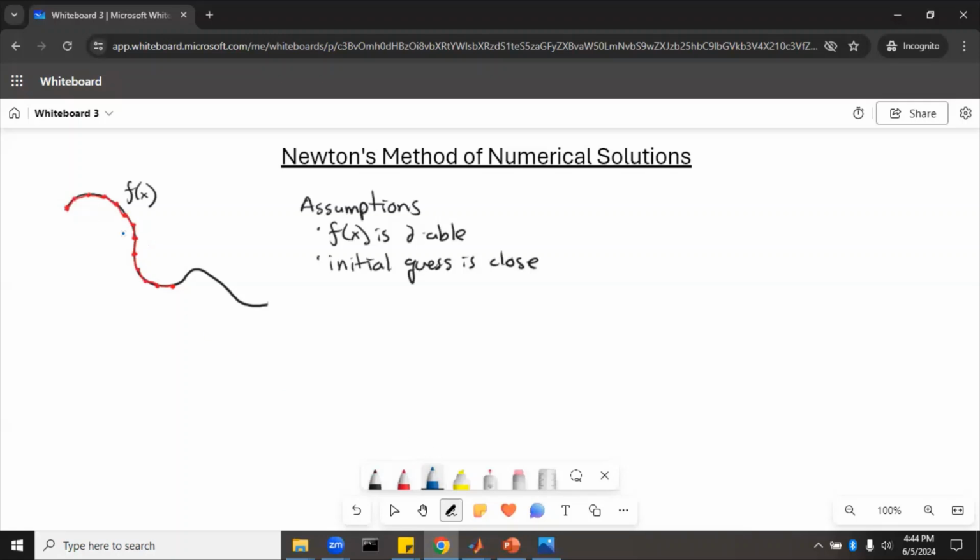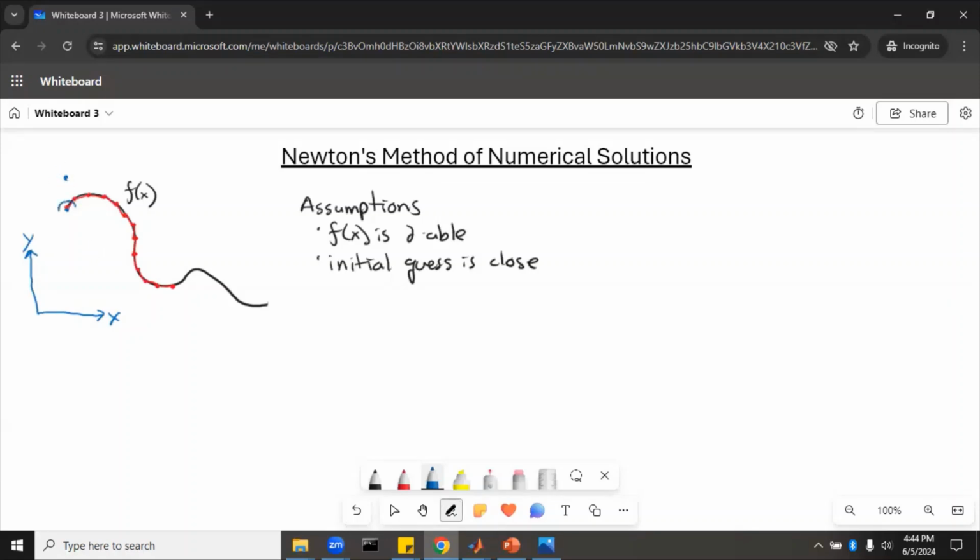For example, if we wanted to approximate this function, we need to get our initial guess close enough to this function that we can start in the right place. So we want to start reasonably here. If this is the x-axis and this is the y-axis, and we're looking for the coordinates of that blue dot, we shouldn't start over there.